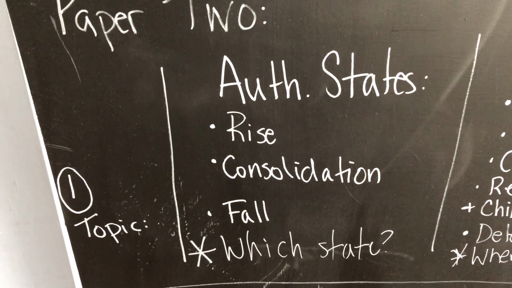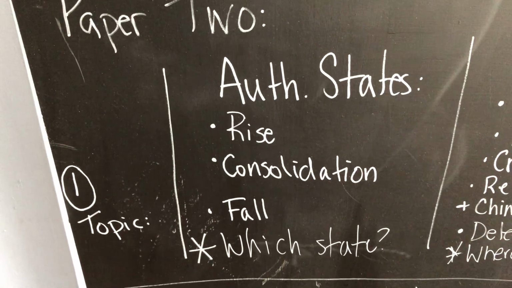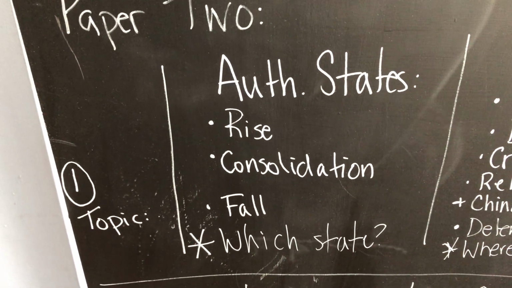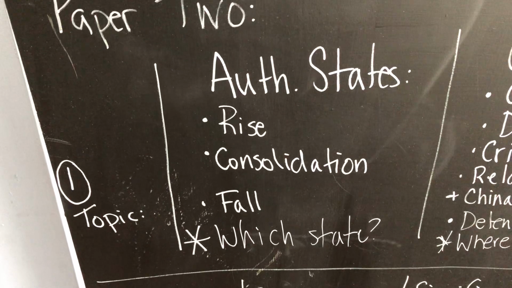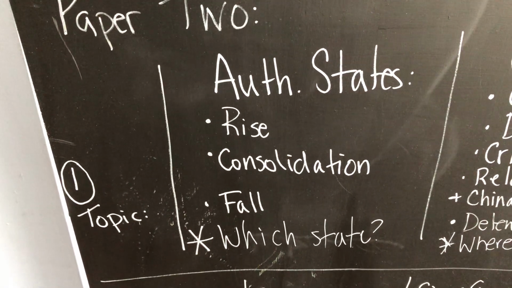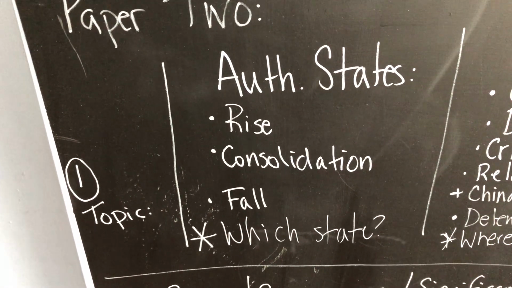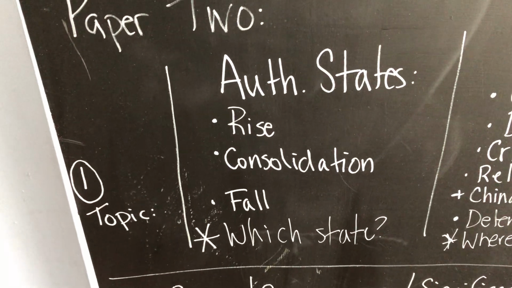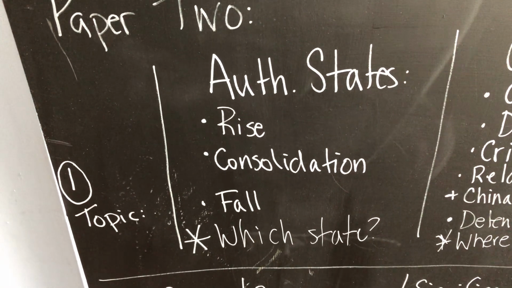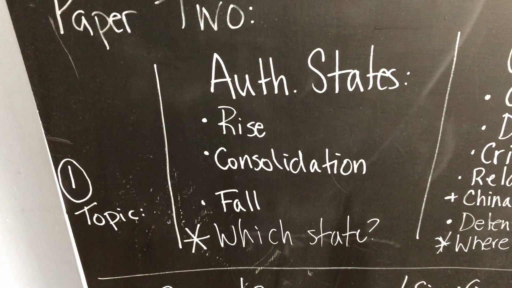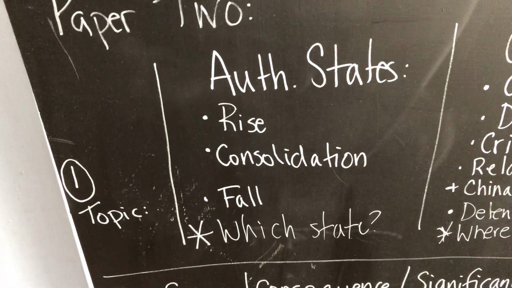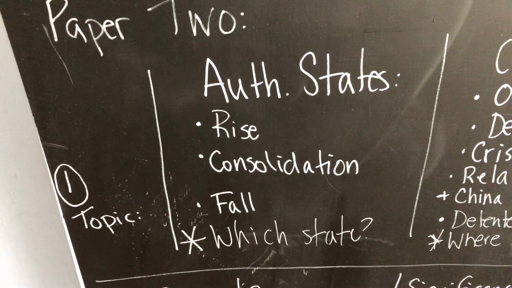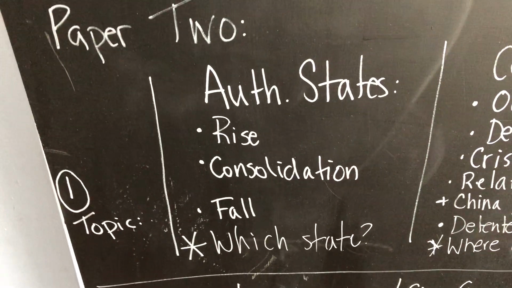The paper 2 topic always has a compare or contrast with another authoritarian state. So this is a good chance for you to choose a state that you will become a bit of an expert in, and it will alleviate your studying, so that you would just need to focus on revising about Hitler and remembering the things you learned through historical investigation.